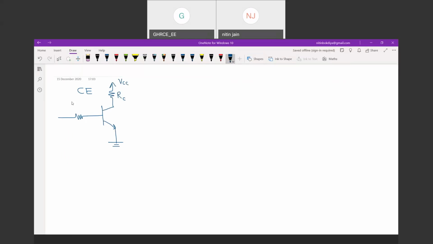This point is known as RS, and this is VS. This is total idea.